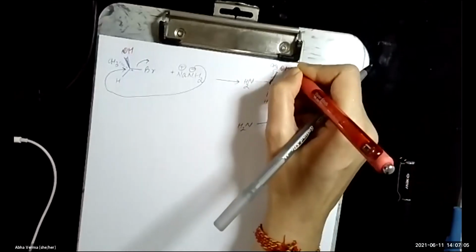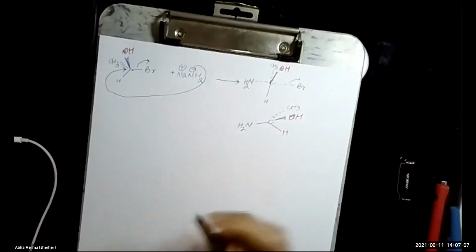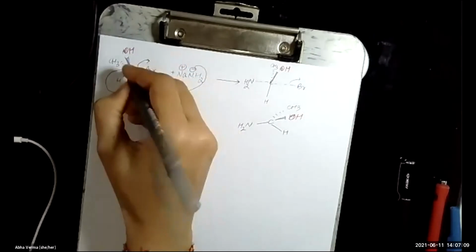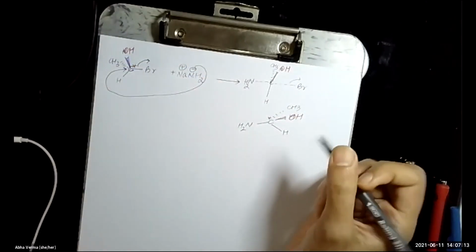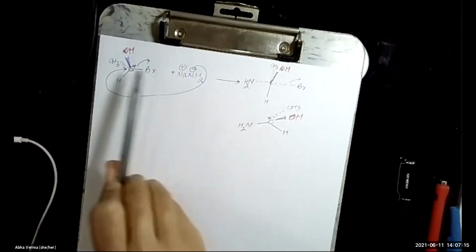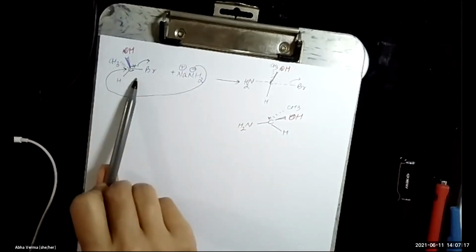Okay, just to make our lives a little interesting. Now this is a chiral center. This is also a chiral center. But this chiral center and this chiral center are flipped.